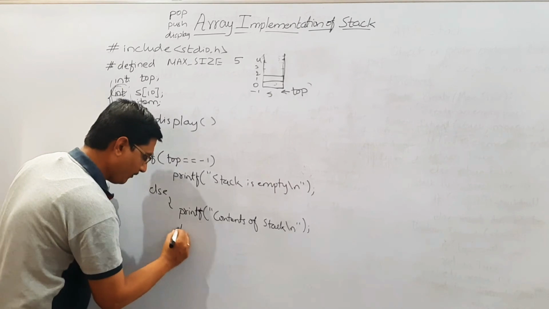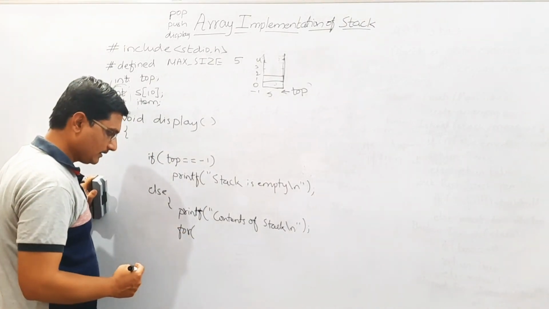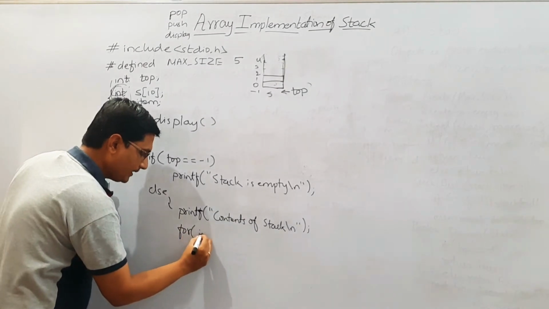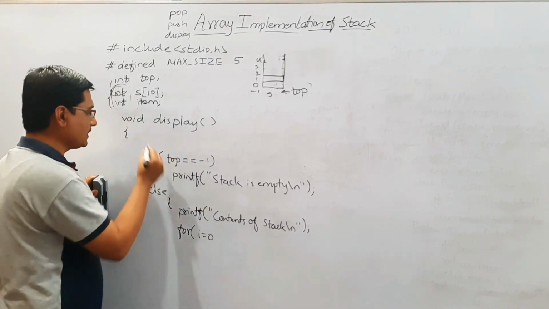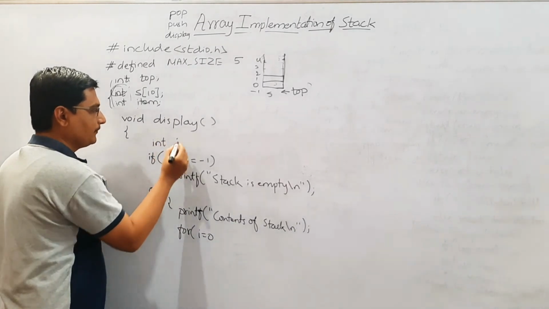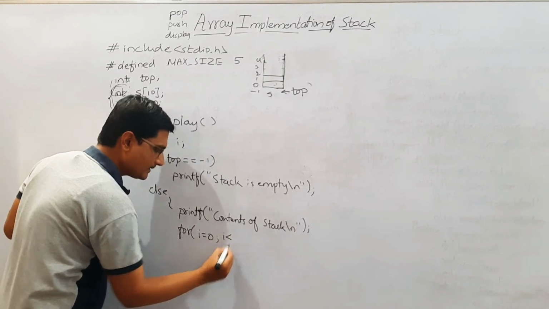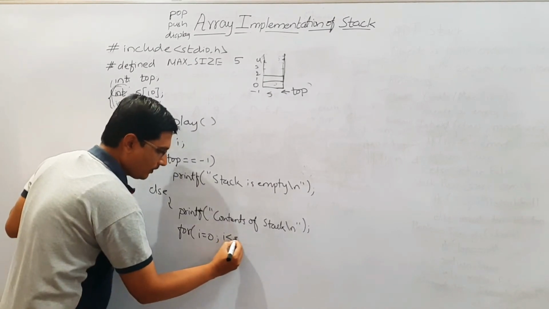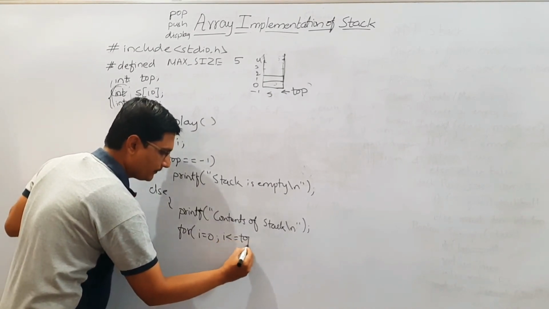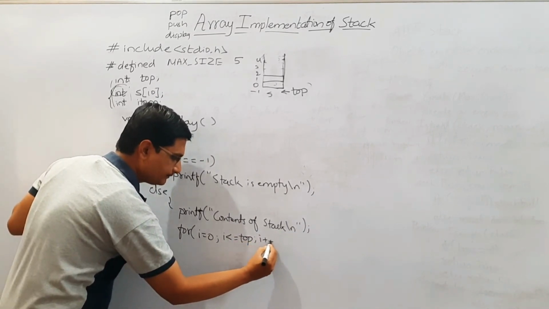So let me have a for loop so that I can traverse through the stack. Let me have a local variable int i is equal to 0, i less than or equal to top, i plus plus.